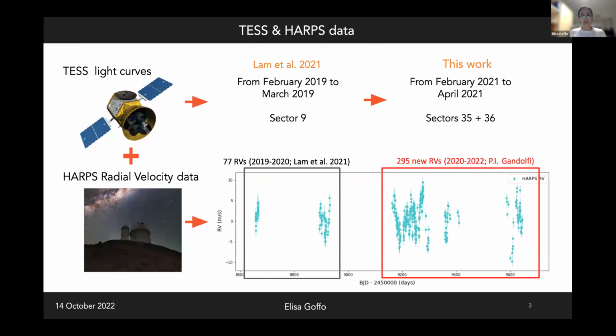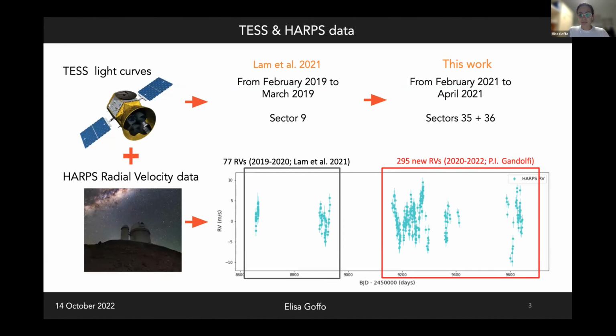So, as I said, TESS observed the star in sector 9 in 2019, and they observed the star to confirm the planetary nature of the transiting signal with the HARPS spectrograph, obtaining 77 radial velocity data points. But in the previous analysis, there was also a tentative detection of a signal at 11 days.